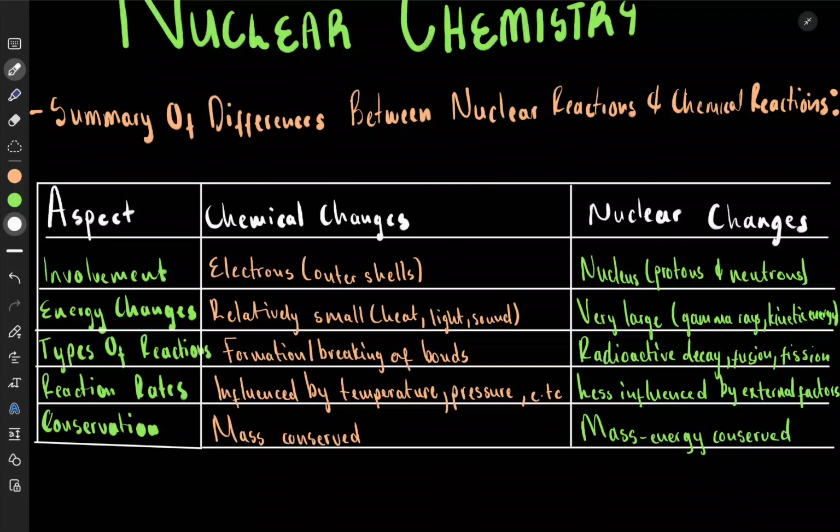But for nuclear, the types of reactions that we have are not related to the formation or breaking of bonds, but rather what we have is radioactive decay, another one, fusion, another one, fission. And there are many others, like nuclear bombardments, where we talk about transmutation. It's going to be very important. I'll list it to you again, the types of reactions that we are now talking about. And we are going to be grouping our work, where you need to see that right now I'm dealing with this part, then this part, then this part, then that part.